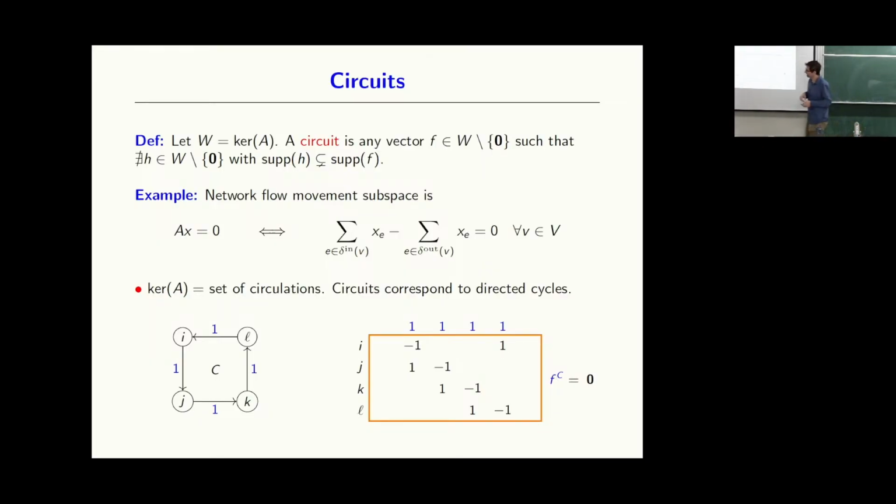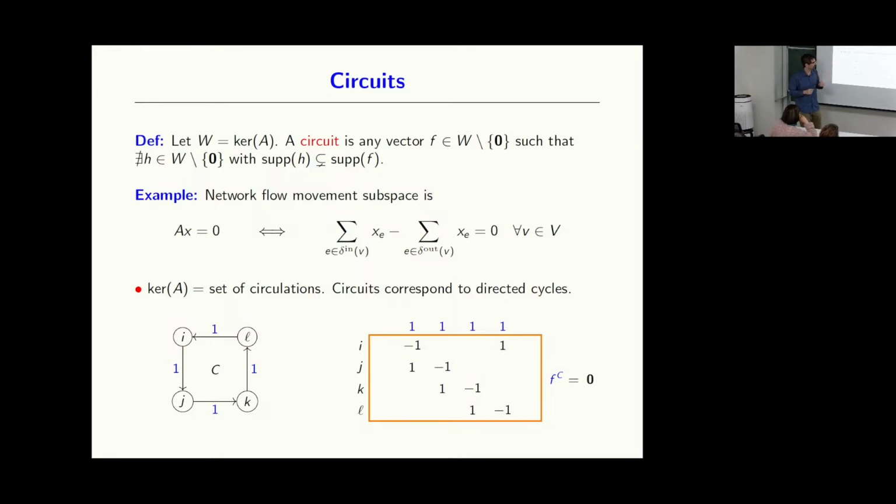If I send 1 unit of flow along a cycle, then the net flow at every node is 0, and it turns out that these are the support minimal elements in the kernel. So they're nice combinatorial objects.